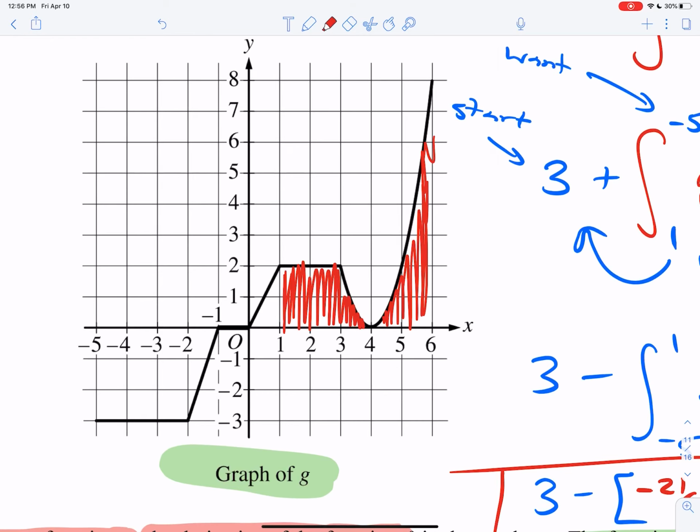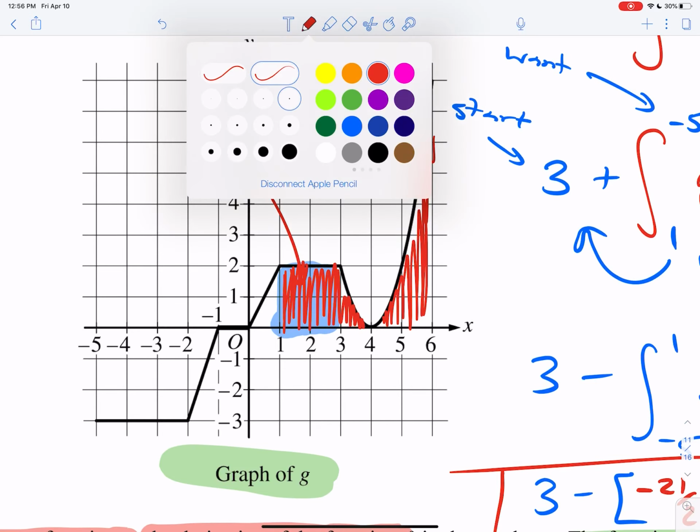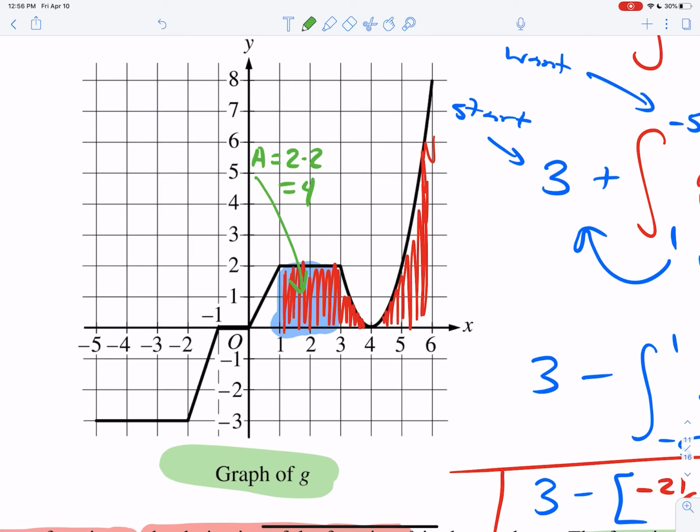So the issue with this is, if I go all the way up to about 3, I have a geometric shape that I know how to find the area of. Let me use a different color. That right there is just a square, which is base times height. The area there is going to be 2 times 2, which is 4, positive, okay?